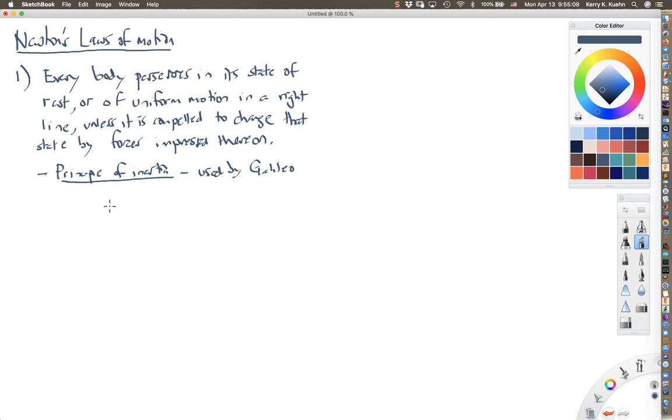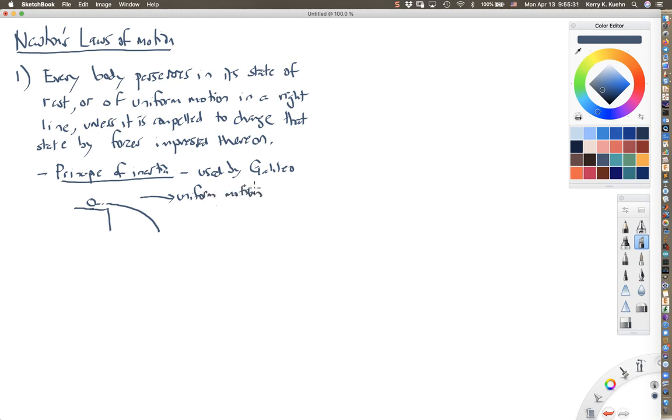Remember how Galileo used the principle of inertia? He said, well, if you've got a cliff, let's say, and a ball that's kicked off the cliff, it's going to follow a parabolic trajectory. Why does it follow a parabolic trajectory? It's because in the horizontal direction, it is experiencing uniform motion.